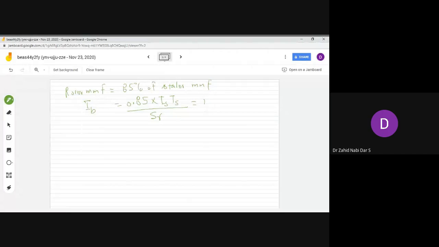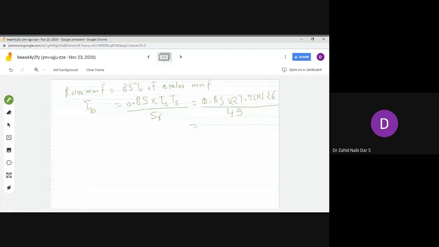Here you can substitute now. This is 0.85, IS you calculated 27.91, this TS value is given there, 126. Then these slots are 45. So tell me this IB, how much will you get? Yeah, tell me. 66.43.